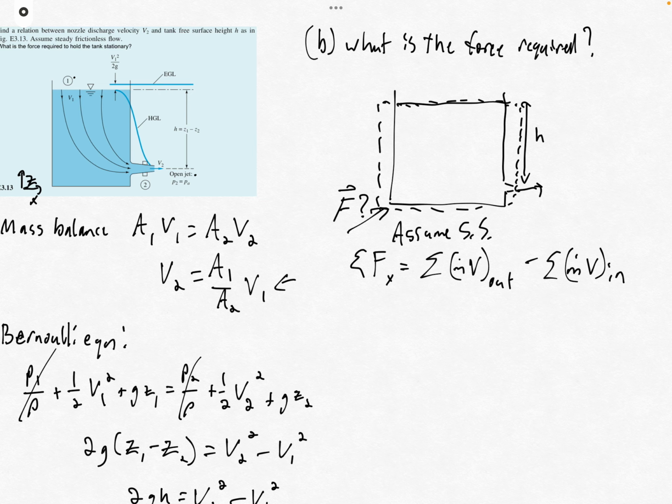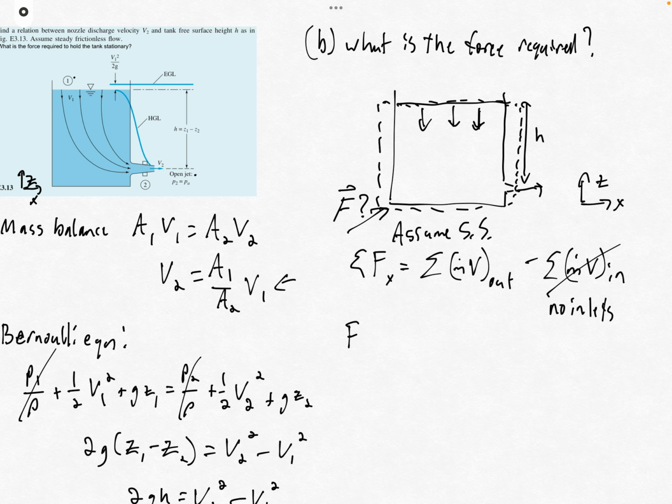So it's just an outwards flux of momentum through that control surface 2. Remember, through control surface 1, we just have some velocity that's directed downwards in z. So for the sum of the forces in x, we have no inlets. And the only force that's acting on this control volume in the x direction is the force that we're applying.